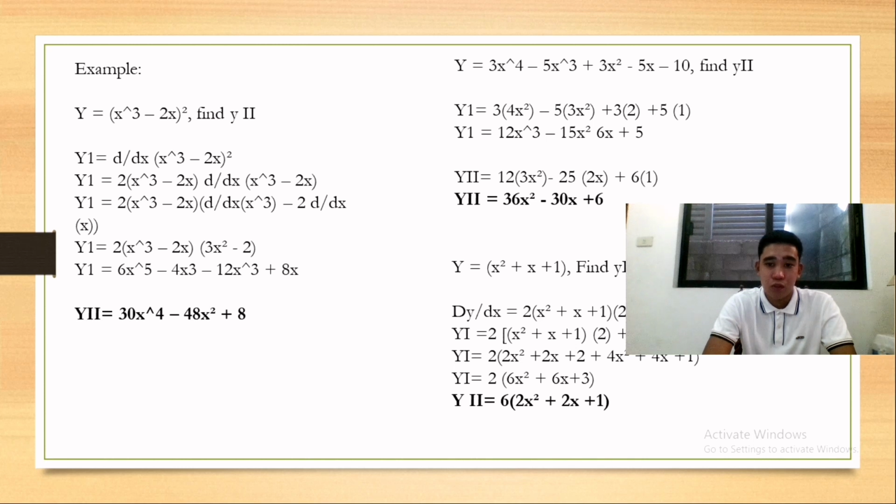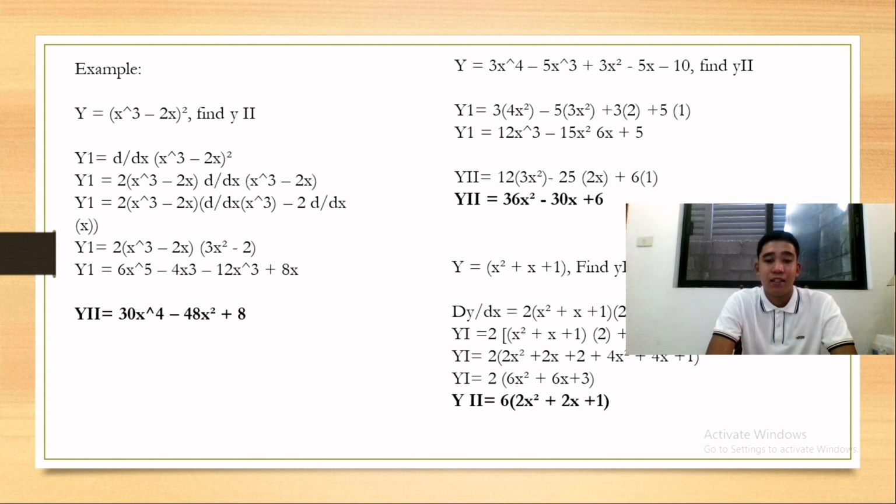Find y2. y1 equals 3 times 4x cubed minus 5 times 3x squared plus 3 times 2x minus 5 times 1. 3 times 4x cubed is 12x cubed, 5 times 3x squared is 15x squared, 3 times 2x is 6x, and 5 times 1 is 5. So y1 equals 12x cubed minus 15x squared plus 6x minus 5. Then y2 equals 12 times 3x squared minus 15 times 2x plus 6 times 1, so y2 is 36x squared minus 30x plus 6.